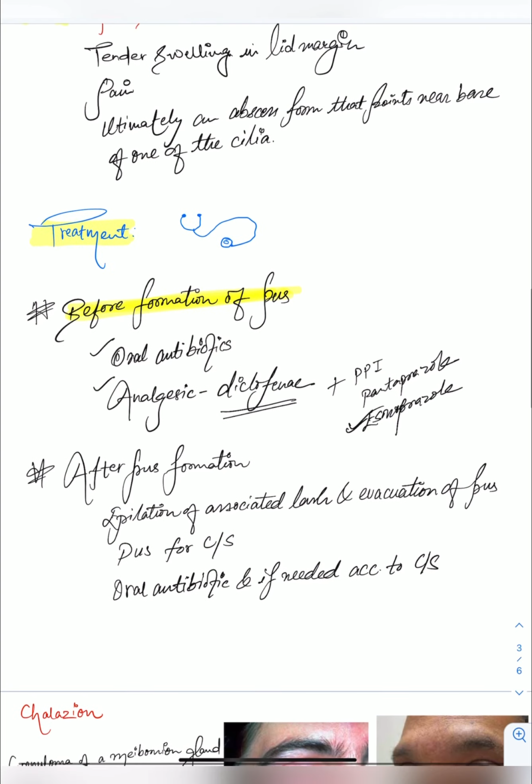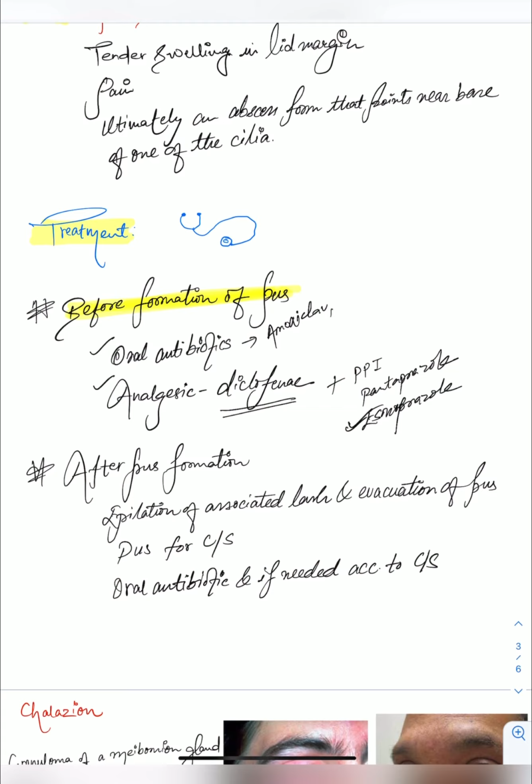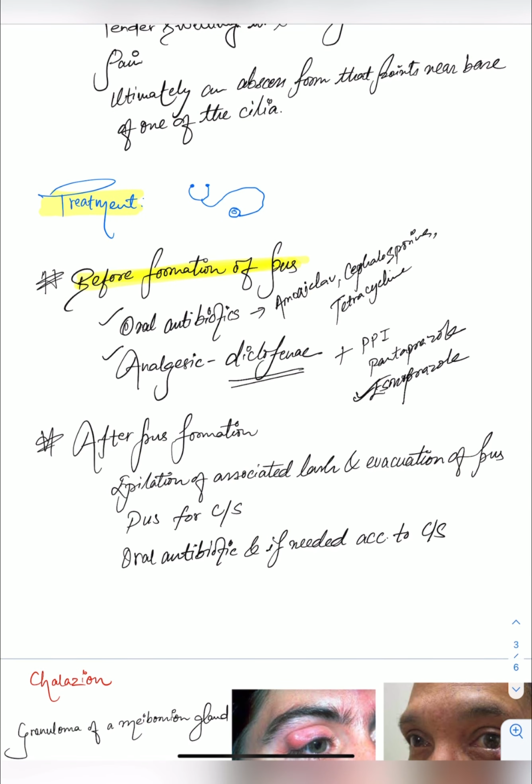And oral antibiotics, you can give amoxicillin or cephalosporins or tetracycline. You can give amoxiclav, which is a combination of amoxicillin and clavulanic acid, or cephalosporins or tetracycline.